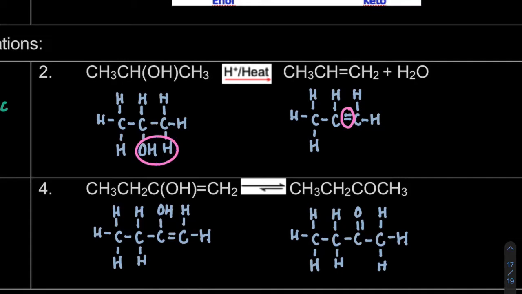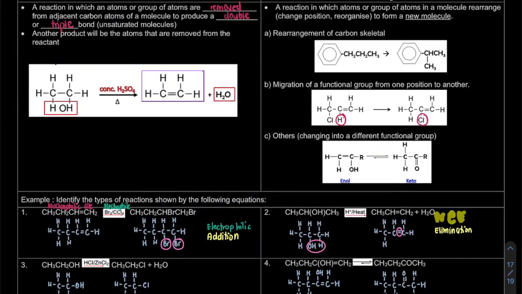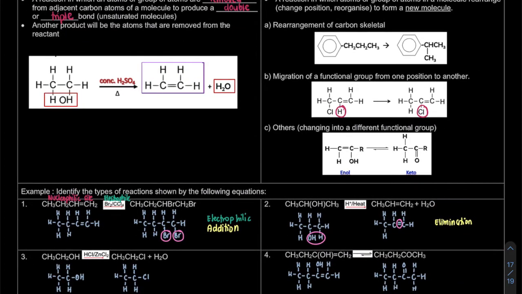But on my product, I don't have any H and OH. So what actually happened is that these atoms are eliminated. They have been removed. So what is the reaction? The reaction is elimination. For the elimination, do we have any nucleophilic or electrophilic elimination? No, we don't. We only have ordinary elimination. So that is for example number 2.